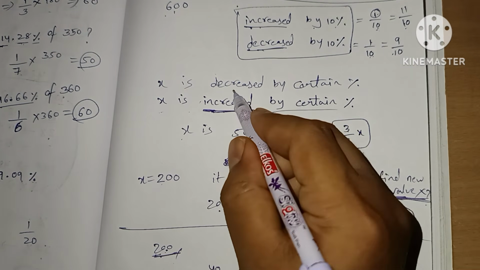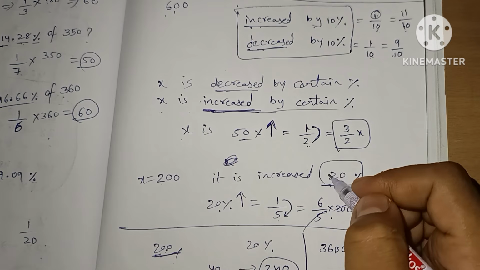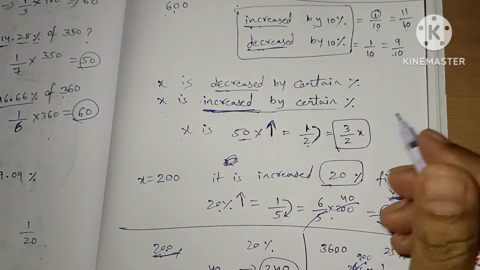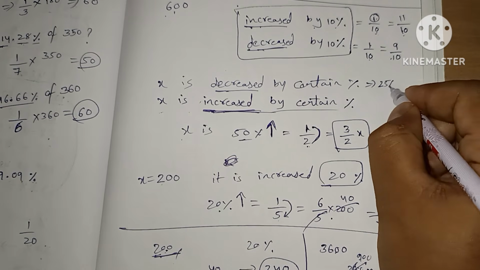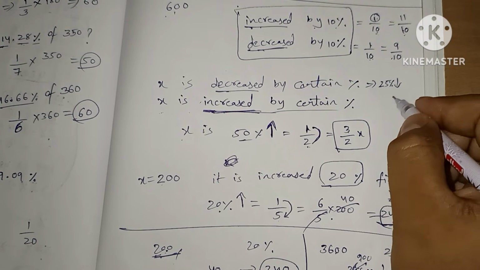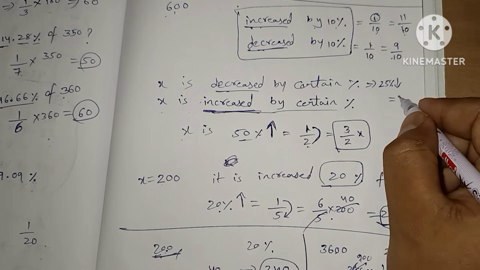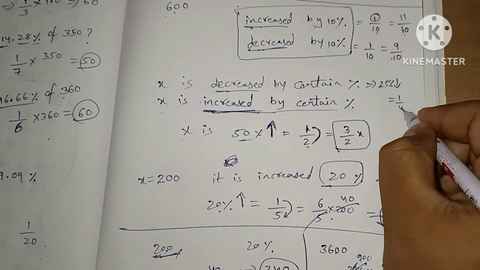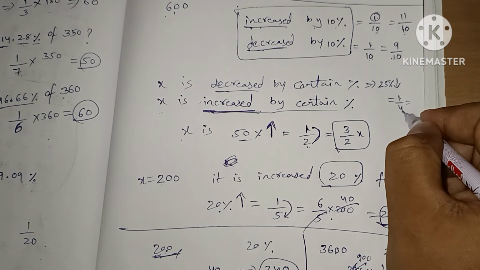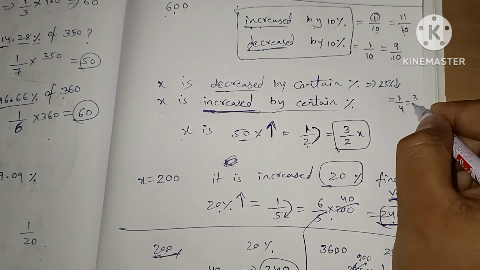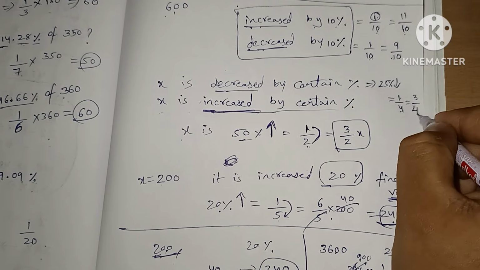But if we see decreased, then we do subtract. For example, 25 percentage decreased means the fraction value will be 1/4. Decreased means subtracting 1 from 4, we get 3 and we place 4 as it is.